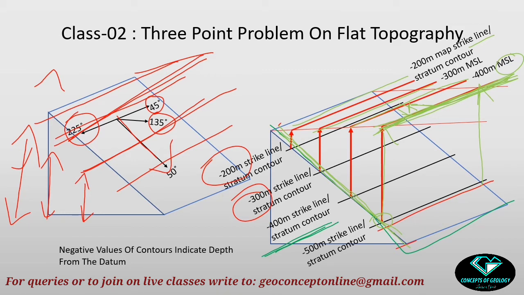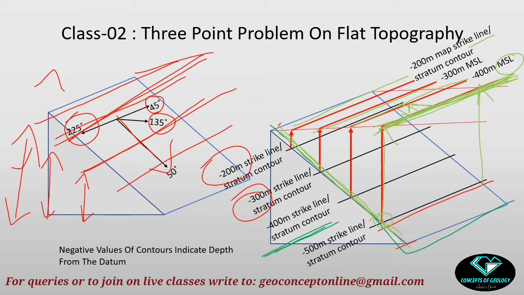That single line will represent the stratum contours of all the different elevations or different depths. Okay, so whenever in a map we find that the stratum contour lines are closely spaced, that means the inclined plane is very much inclined, and whenever they have a wide spacing, that means the inclination of the inclined plane is lower, it is nearer to horizontal.